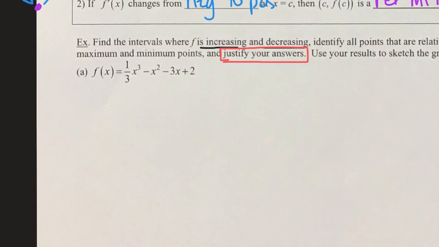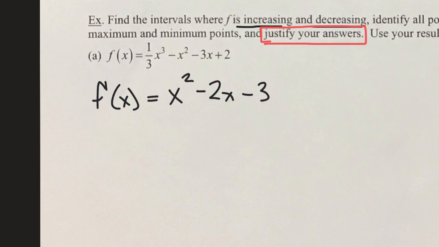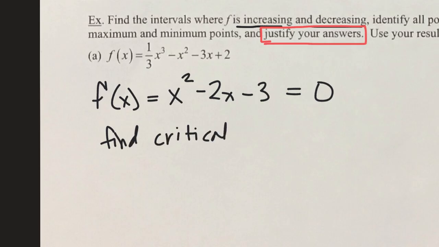So let's first take the derivative of our cubic function. f prime of x equals. There is our derivative. Now we want to figure out when this is going to be 0. We're going to try and find our critical numbers, those c values where we have a derivative of 0.